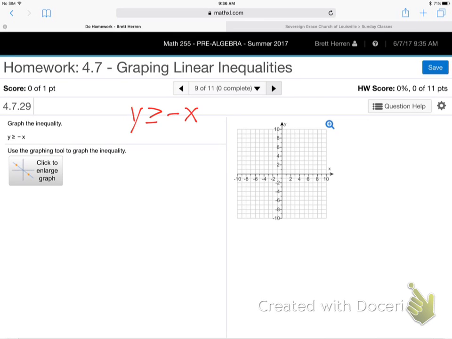Y greater than or equal to negative x. Try that one. So you've got to put in the understood stuff again.